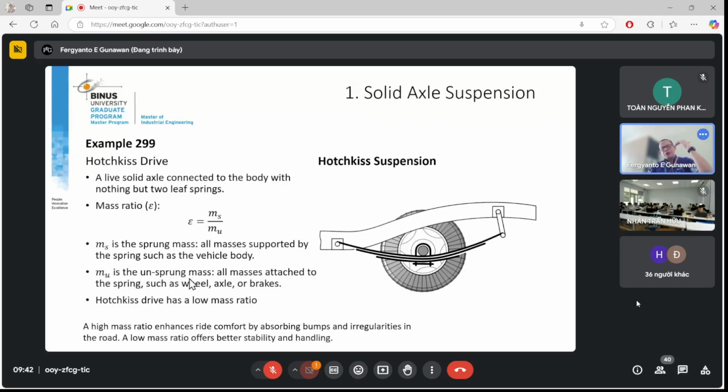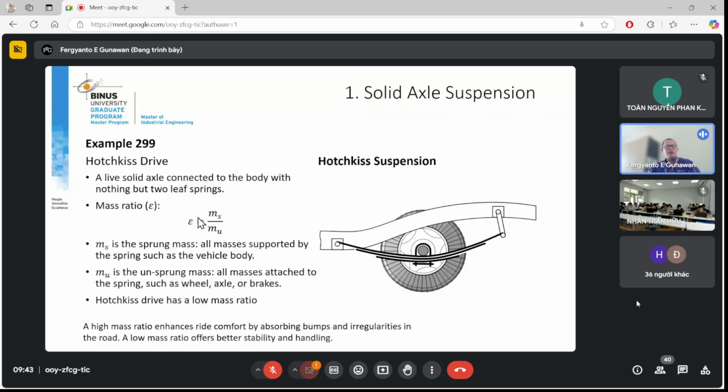What we mean by this unsprung mass is the mass of the wheel and the axle and the brake system. Okay, so we differentiate two masses here. The first is the mass that's supported by the suspension system, and the other is attached to that suspension system, which we call the unsprung mass.